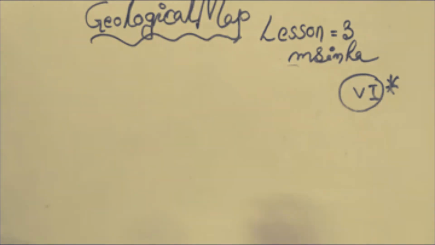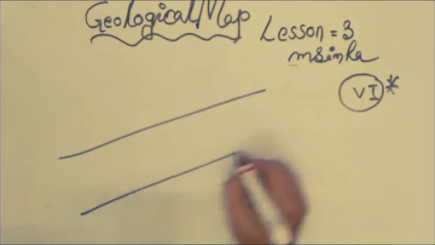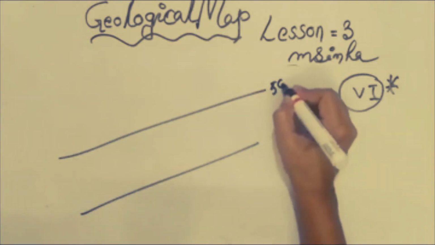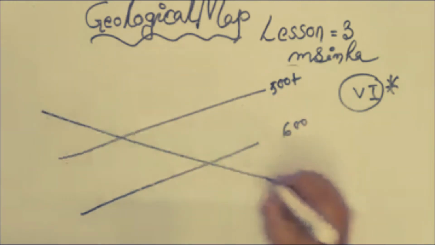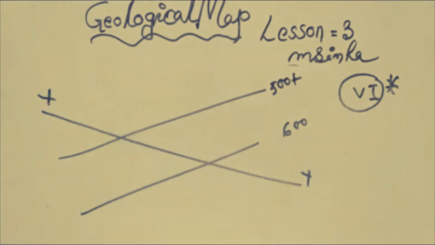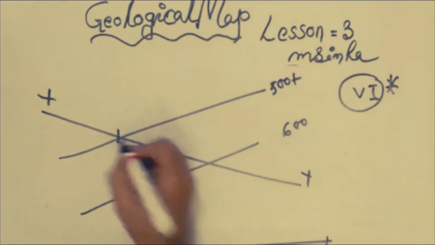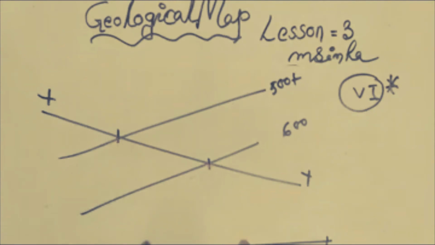To condense my lecture, suppose this is the strike line of 500 feet, and this is 600 feet. Suppose this is section line X and Y. Then identify the true dip and apparent dip. Draw a straight line and take this linear distance with the help of a compass.